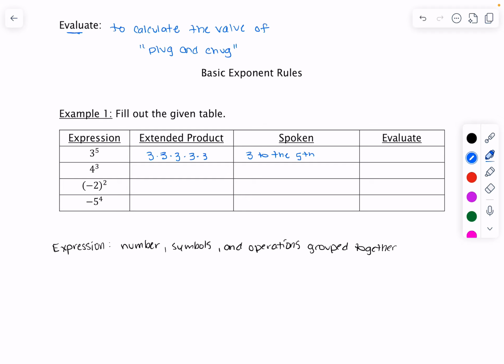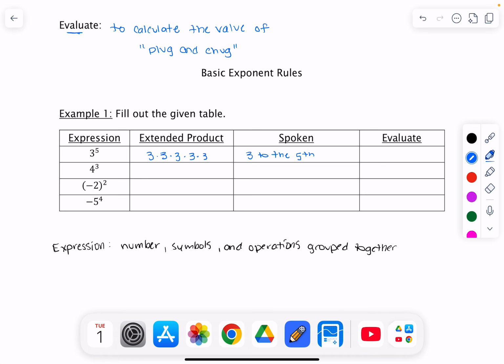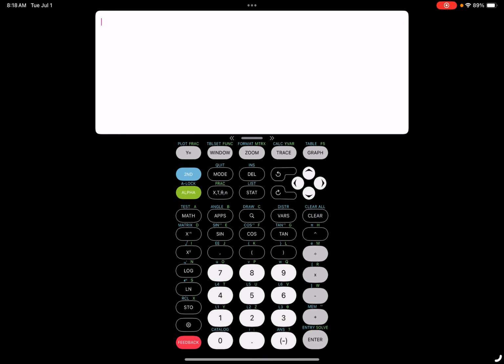Okay. And when I say evaluate right here, that is what I'm looking for, what that expression is simplified. So what is 3 to the 5th power? What is 3 times 3 times 3 times 3 times 3? Well, we can go back to our calculator and type in 3 times 3 times 3 times 3 times 3, hit enter and get 243.